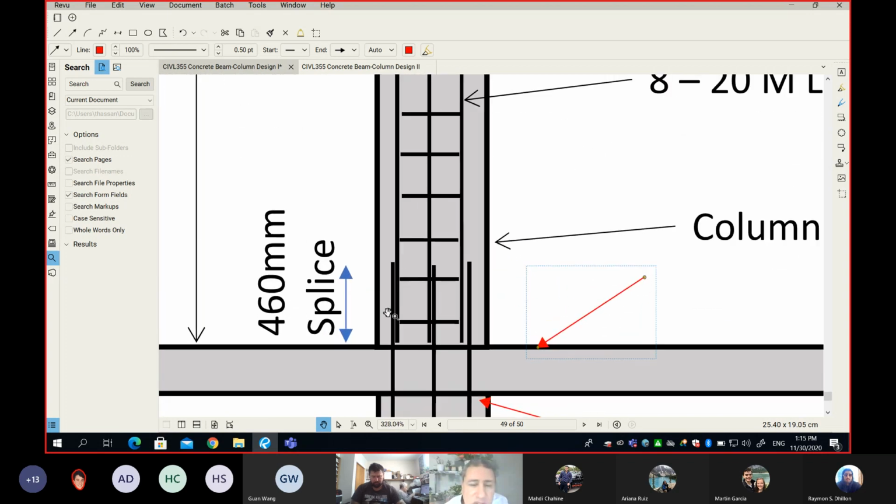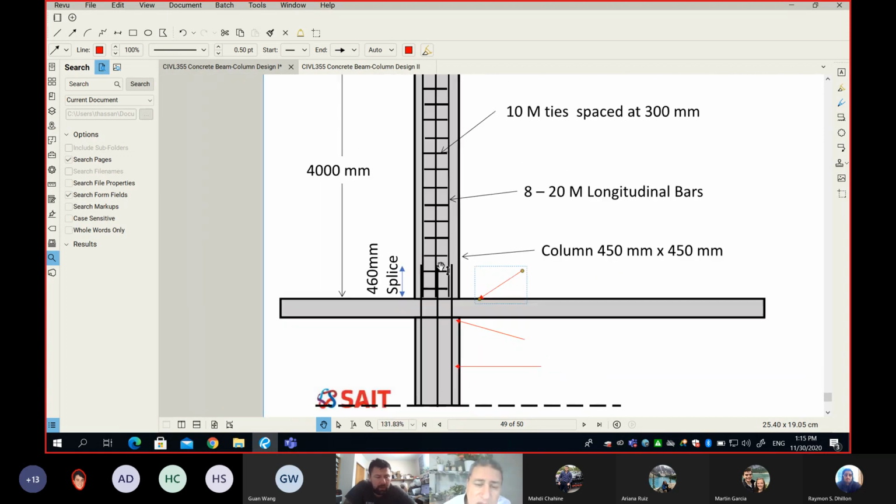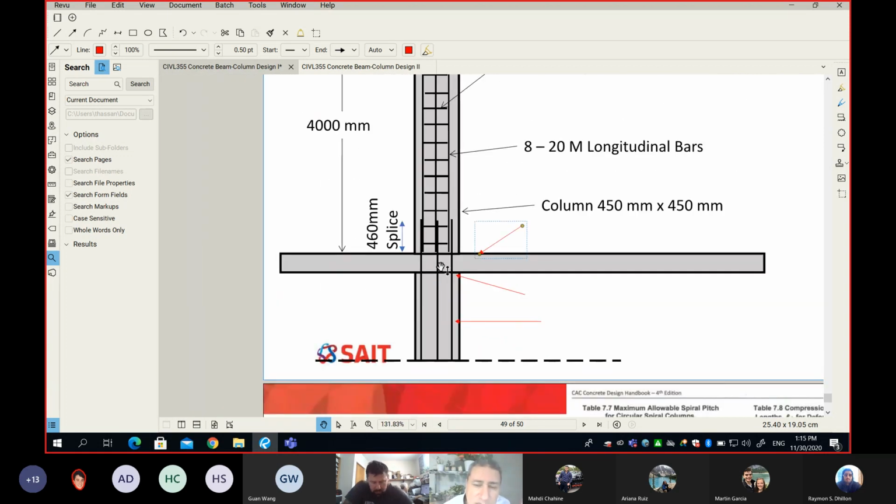Okay, and so we need to make sure that there is enough length or overlap between the rebar. This overlap, we call it splice, and it depends on several factors, and I'm going to discuss that on the next slide.